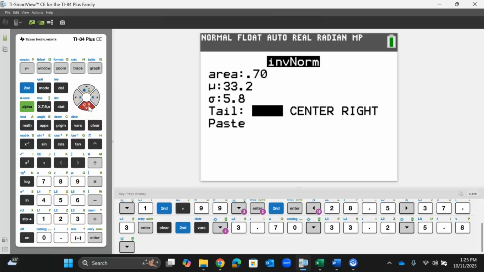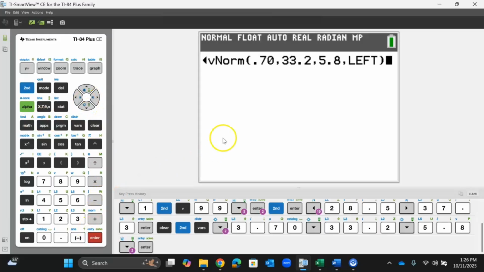This is the nicer feature on the newer calculator. It asks whether the area you're indicating is on the left, the right, or in the center of your distribution. Older versions of the calculator automatically default to left. In this situation, I'm going to keep it on left and paste this in. With the exception of the word left, this is what an older version of the calculator should display: the area to the left, the mean, and then the standard deviation.